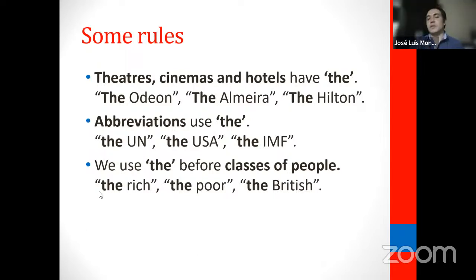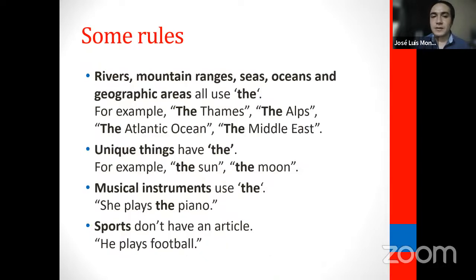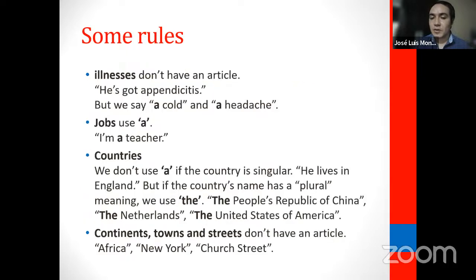All right, there you go. Okay, right. So perhaps most of them are kind of obvious, or we know that because of the context or how we've been using English, right? But it's interesting, or at least important, to know some of these rules. I would say the countries one is obvious, but many people omit the use of the.